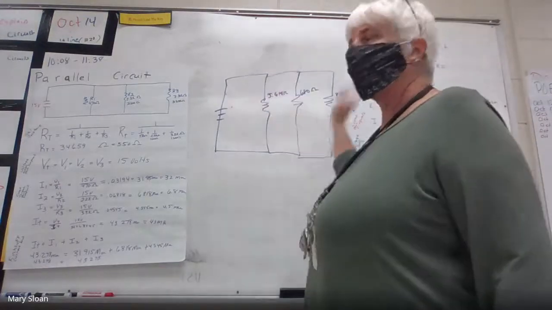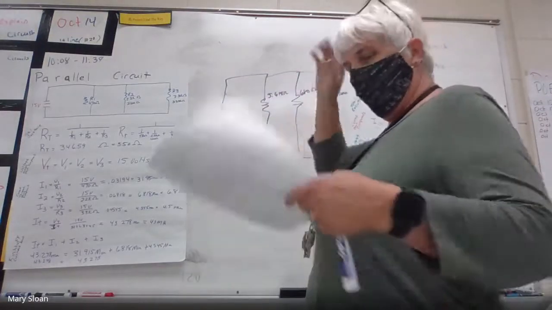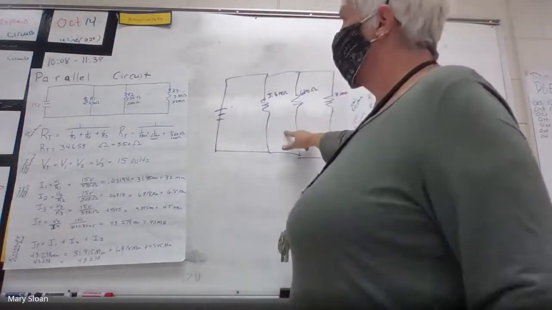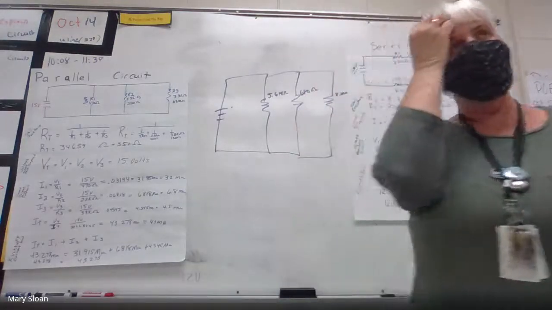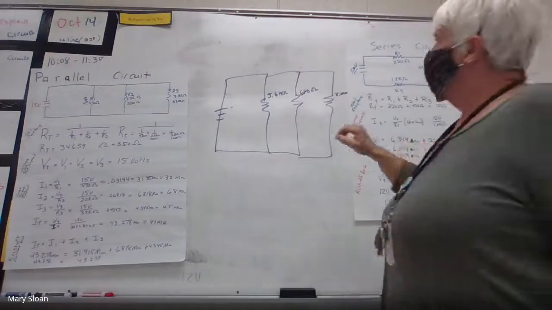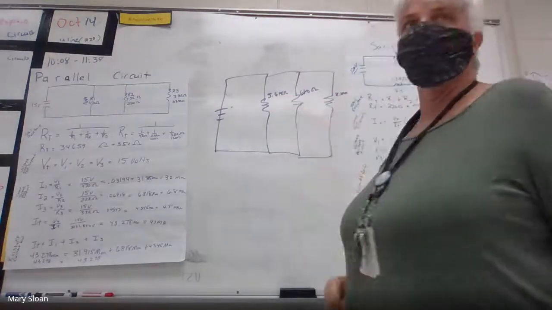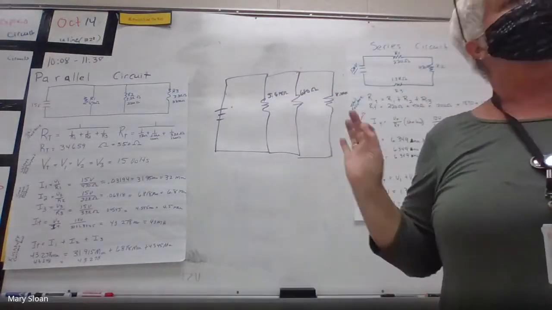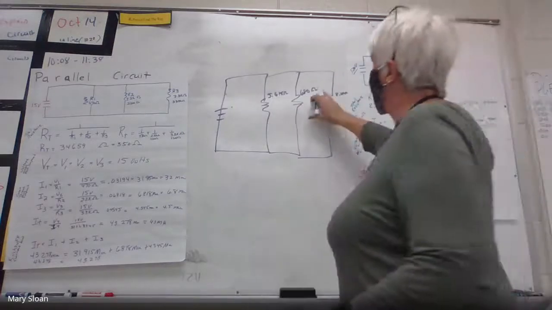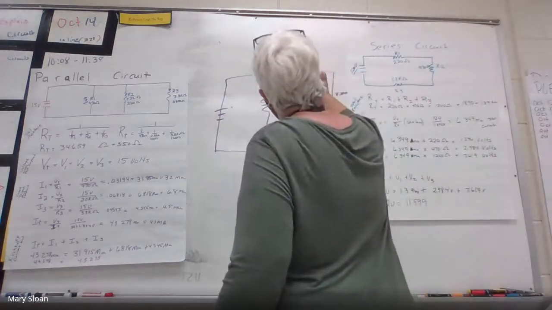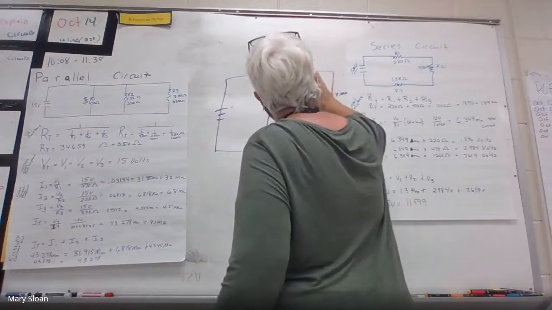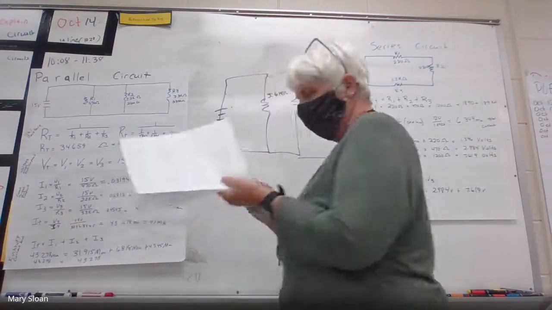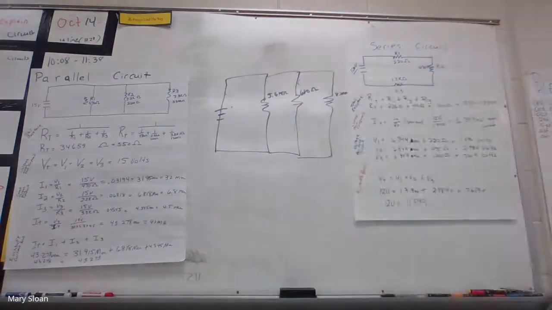So if it's a parallel, it's asking us for our total resistance here. So what I want you to do with this one is, are these all three the same units? No. So what I want to do is convert this one to kiloohms. So let's do that, and let's do it in kiloohms this time.